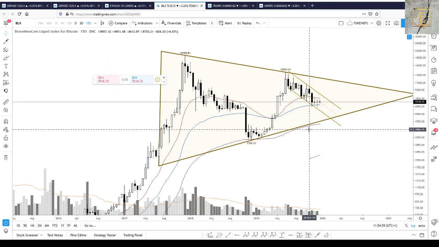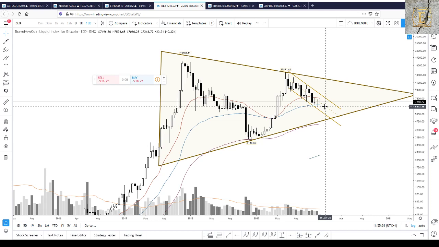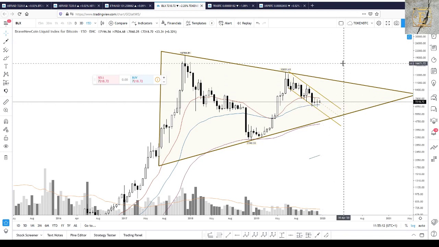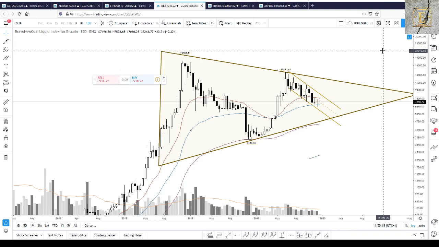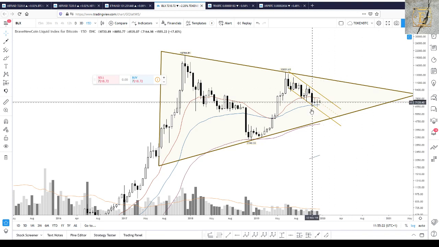But making a higher low here would be tremendously good for Bitcoin. This is my first option, a higher low here, and then I continue on the market. Probably next year, end of next year or something like that, we are touching again the all-time high. This is a higher low.